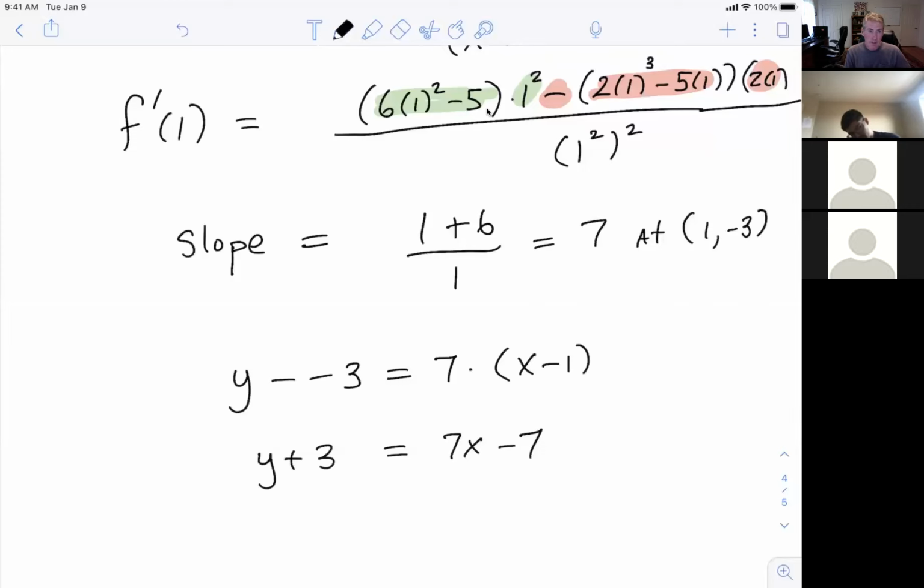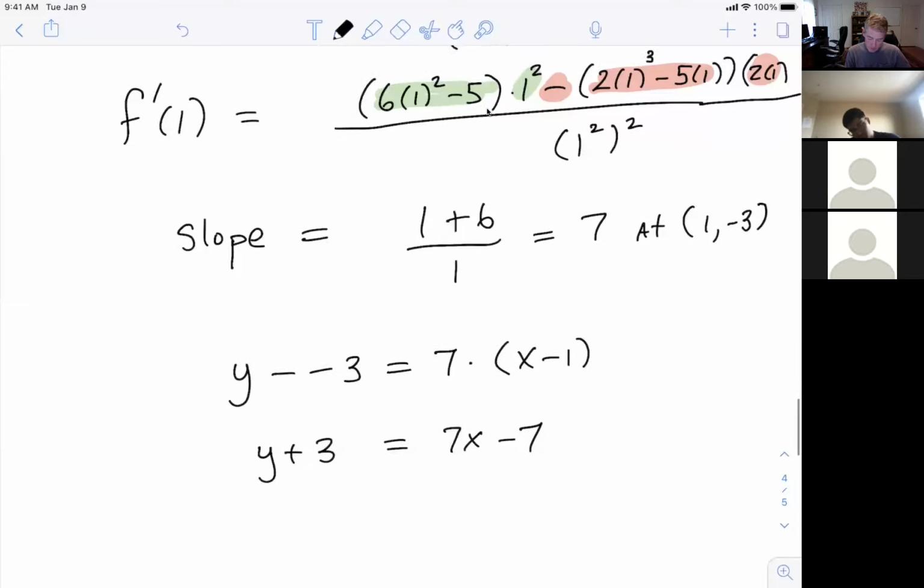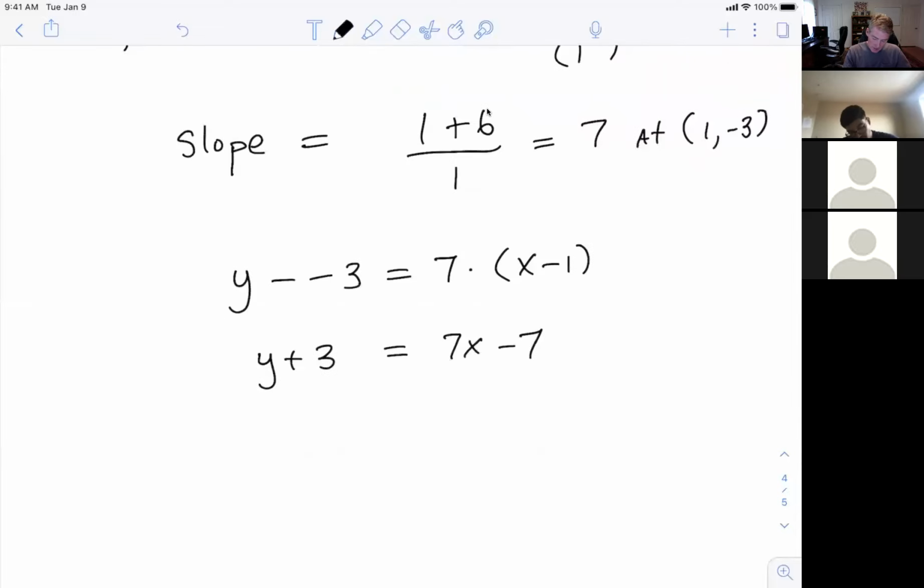And then on the left, the two negatives will cancel. So it's really y plus 3. And then distribute the 7. So it's 7x minus 7. And then subtract 3 from both sides. So it's going to be 7x minus 10.